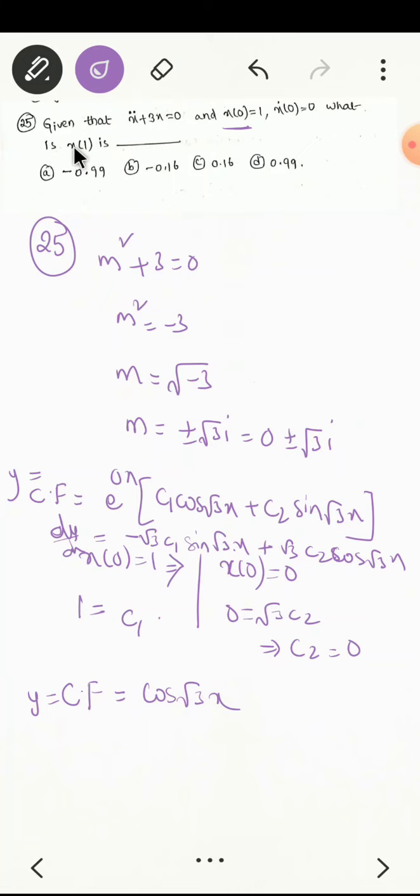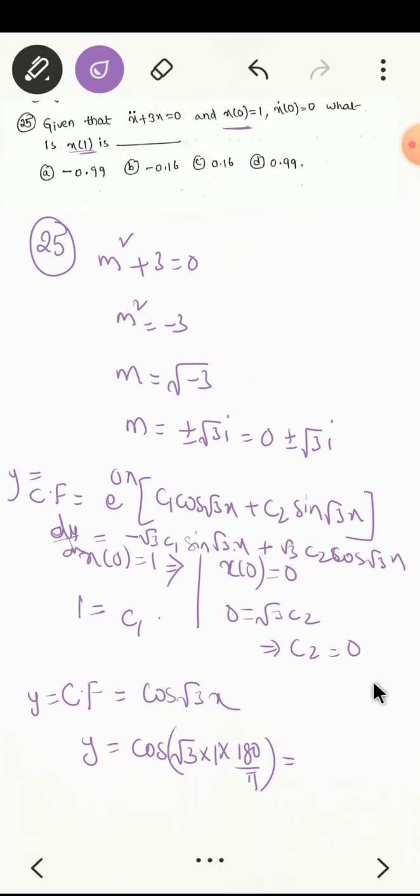What they are asking? X of 1, substitute 1 here. What you will get? Y is equal to cos root 3. If you are substituting cos root 3 into 1, that is wrong. Why? Because you have to convert into degrees, 180 by pi, because this is a trigonometric function, as we were discussing in our previous lectures, the same thing. So which option are you getting by doing so?